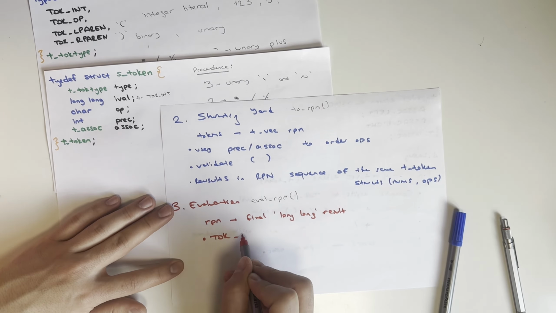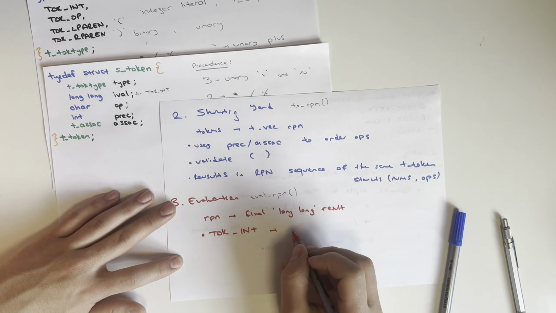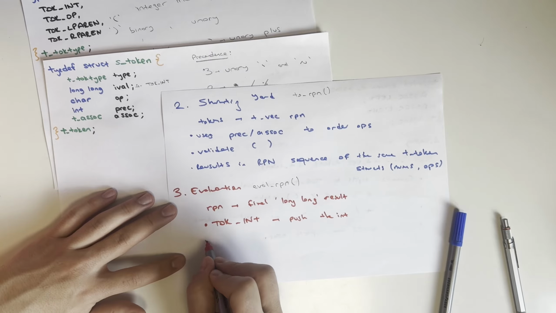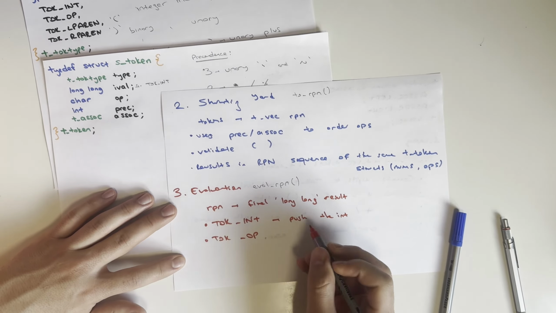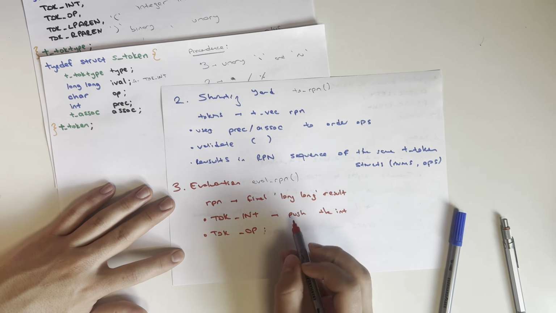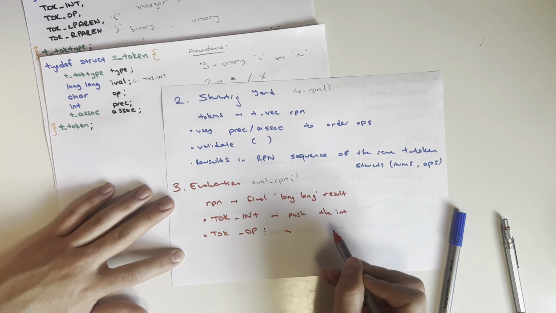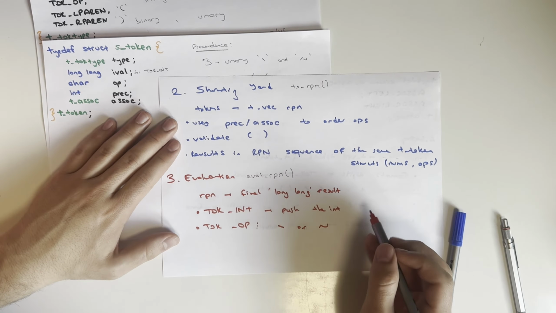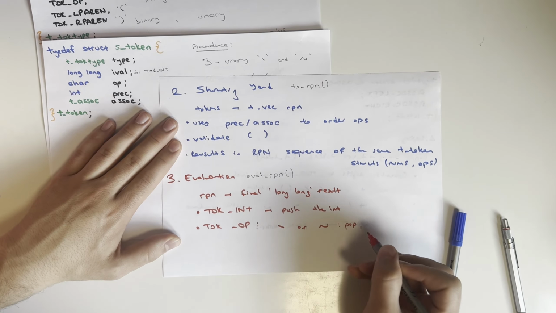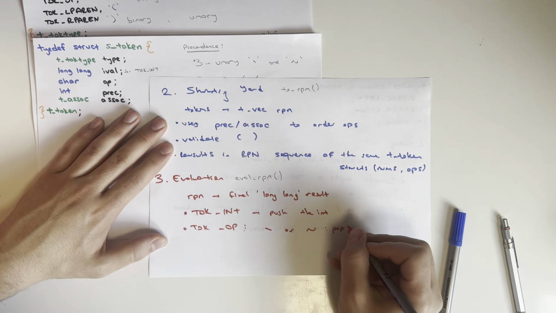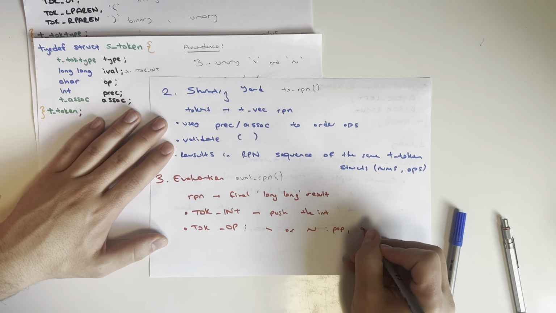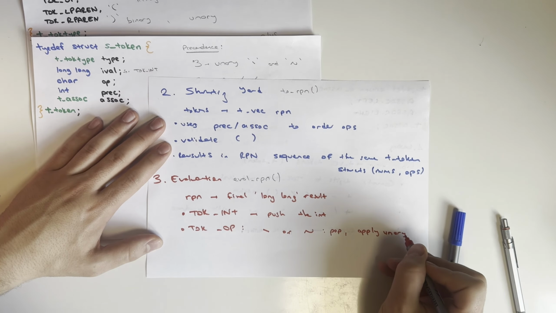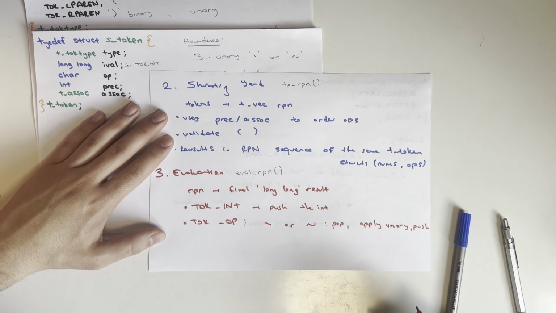Token integer will be pushed to the integer stack. Token operator: if it is backquote or tilde, we will pop 1, apply unary, and then push.